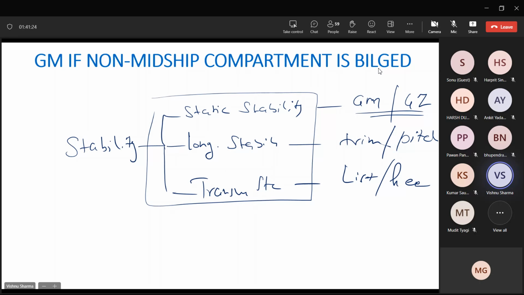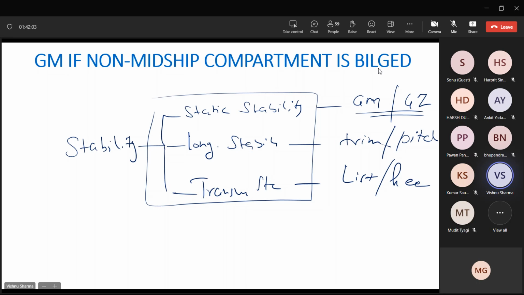All the three components, be it static, longitudinal, or transverse, are equally important. You can't say, I can be stable, keep my GM high, but longitudinally I try to sail out with adverse trim and have all those issues. So all aspects of stability are important. But how are they calculated? They are calculated independent of each other.